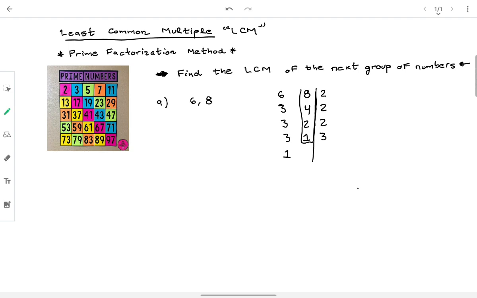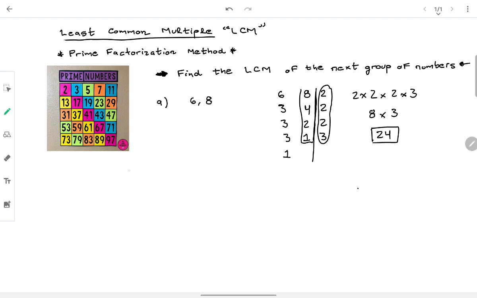To know the LCM, we need to multiply all of these numbers. If I multiply 2 by 2 by 2 by 3, we will get 8 multiplied by 3, that is 24. So the least common multiple of 6 and 8 will be 24.